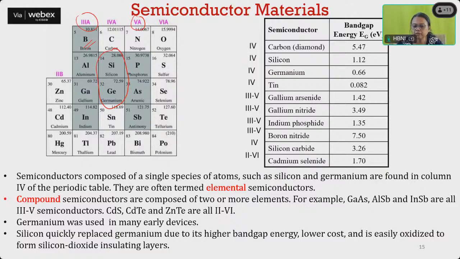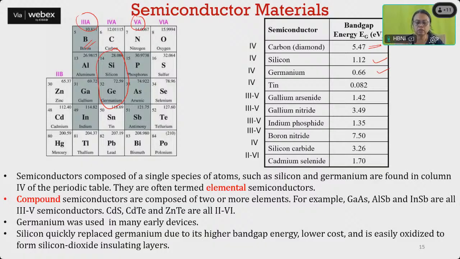The important semiconductors are silicon and germanium, and this is their band gap. Another is carbon, but carbon has many allotropes. You know that we can have diamond, graphite, graphene, and normal amorphous carbon. But diamond, the crystalline form of carbon, is a semiconductor.